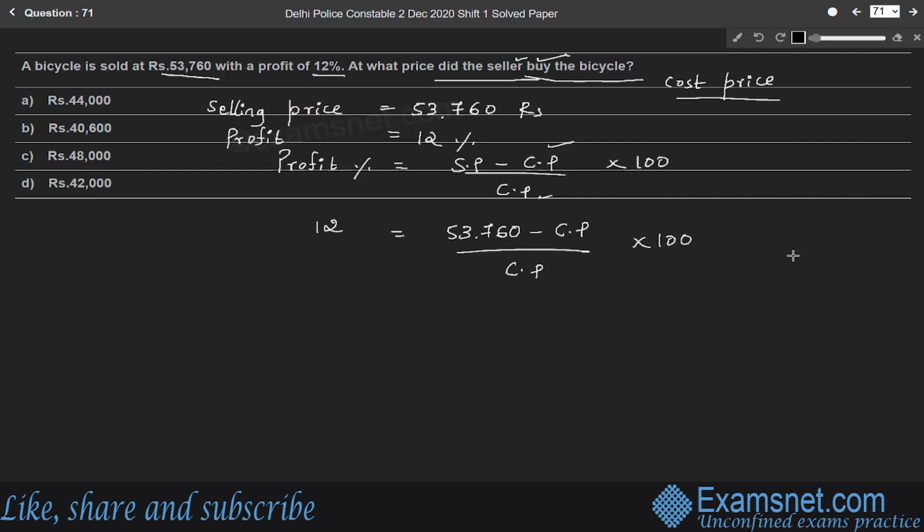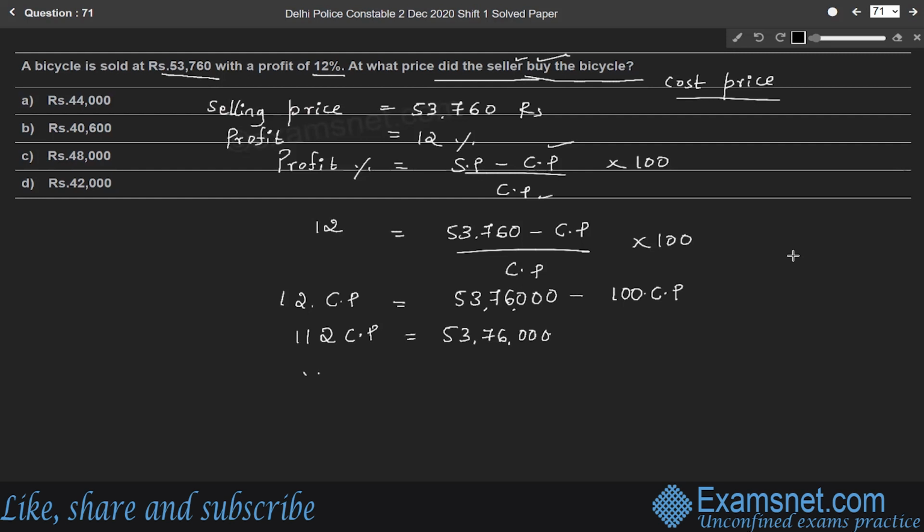Right? So 12 into cost price is equal to 53,760 into 100. So 2 more zeros here, 53,76,000 minus 100 into cost price. Right? Therefore, 112 cost price is equal to 53,76,000.